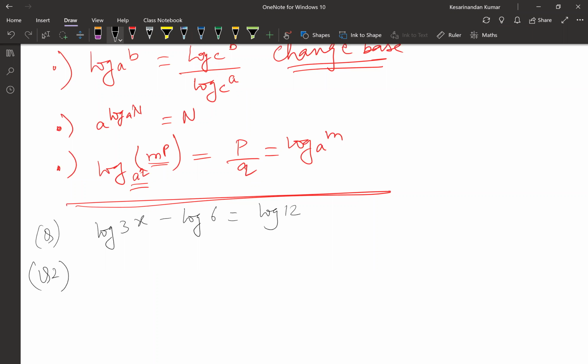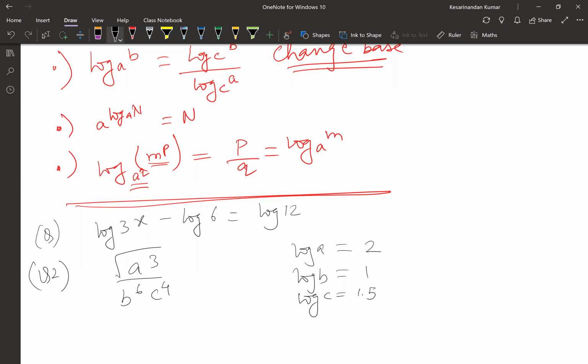And that would be, if I give you an expression, let's say, and I give you the value of log A, log B, log C. So the value of log A is equal to 2, the value of log B is 1, and the value of log C is 1.5.